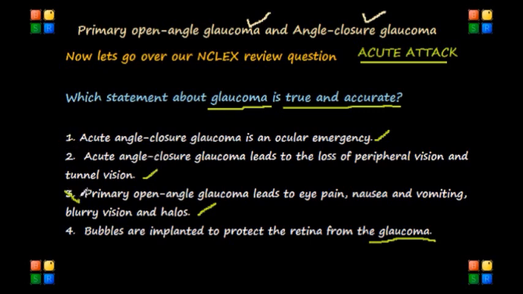Number two is also false, since the loss of peripheral vision and tunnel vision are signs and symptoms of primary open angle glaucoma, not acute angle closure glaucoma. Number four is false because bubbles are placed to treat retinal detachment, and not glaucoma itself.